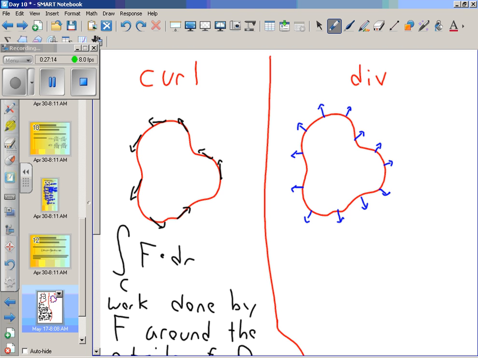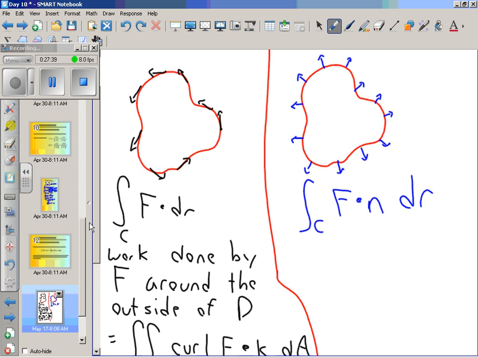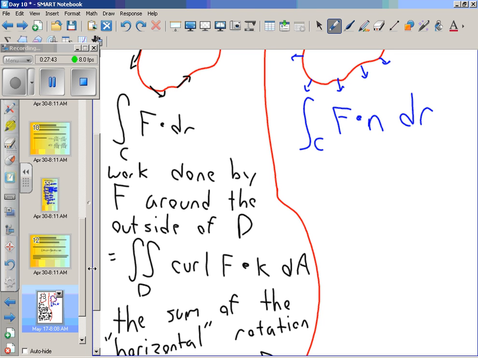And so we saw, good old osmosis, this would be the work done by F, but instead of being around the region D, it's that work done in the outward direction. Does that make sense? Because it's all those normal components.